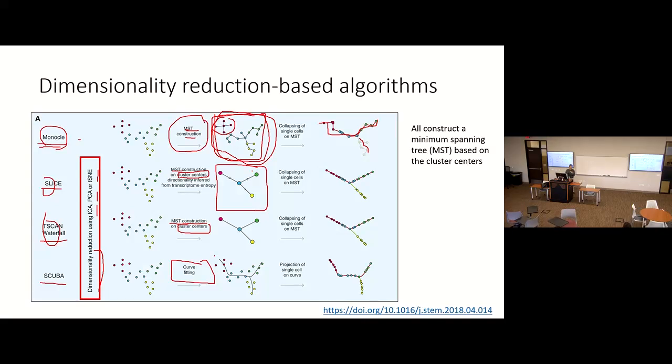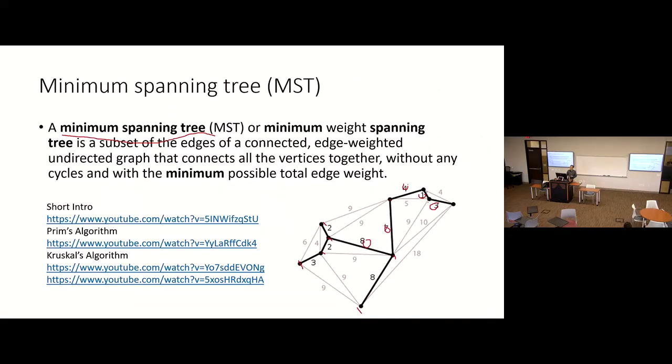Then you put your minimum spanning tree onto it. Okay, after that, you can start to follow the minimum spanning tree to build the trajectory. So once you put the minimum spanning tree, you can start from somewhere, and then from here, for example, you go to here to build one trajectory, and then you can go from here to build another. Okay.